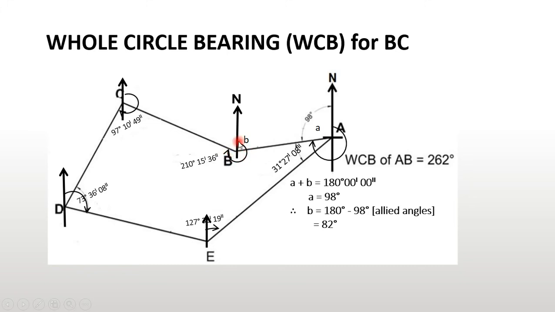So the value for B is 82. This 82 is added to 210 degrees 15 minutes 36 seconds. If we add those two angles, it is going to give us 292 degrees 15 minutes and 36 seconds. So that's the whole circle bearing for BC. The whole circle bearing for BC, once again, is 292 degrees 15 minutes and 36 seconds.